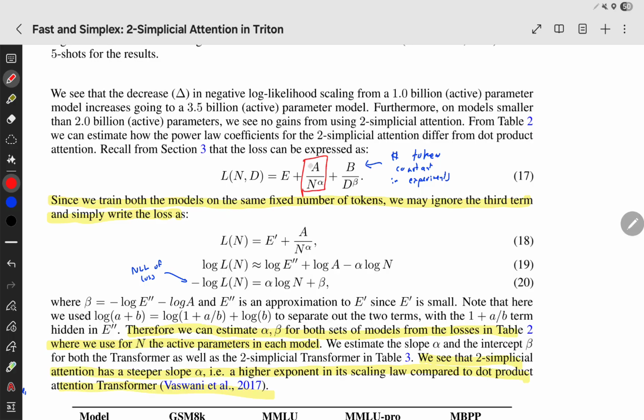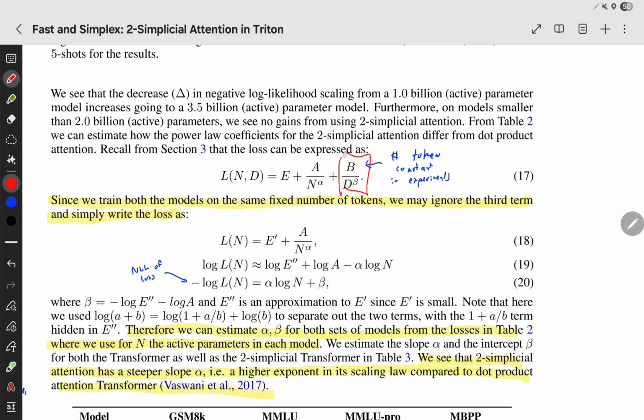This right here is basically your model being bad. So how much worse is it than the entropy of the text? And this right here says there is error because your model is small. So the bigger your model is, the more parameters your model has, the lower this will be. And that's controlled by N, and alpha is basically the exponent on that.